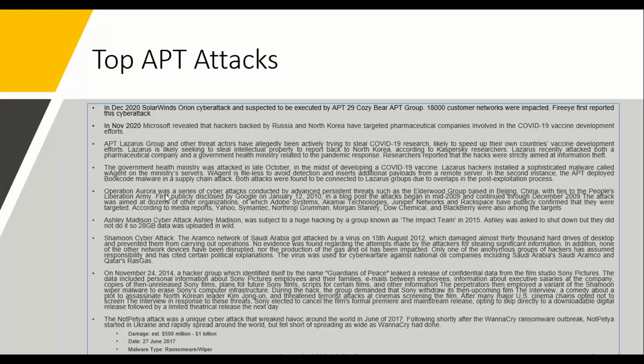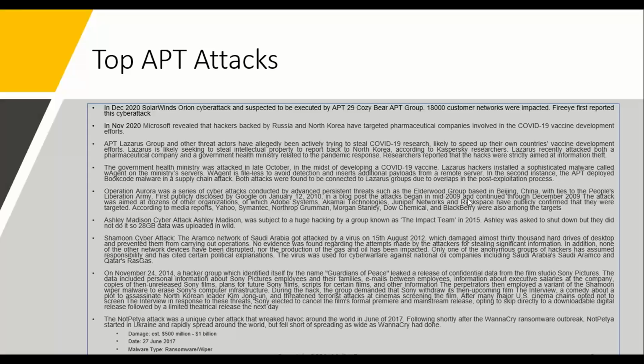Then there is Operation Aurora that was conducted on Google, which was a series of cyber attacks which used advanced persistent threats. There is the Elderwood Group based in Beijing, China, with ties to the People's Liberation Army, first publicly disclosed by Google on January 12, 2010, in a blog post.